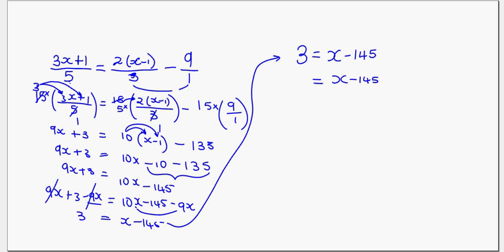To get rid of that minus 145, I have to add 145 on the right-hand side. And therefore, I'll also have to add 145 on the left-hand side. So this minus 145 cancels with that plus 145. So I have x alone on the right-hand side. And 3 plus 145 is 148. So if 148 is equal to x, x is equal to 148. So this here is your answer. x is equal to 148.